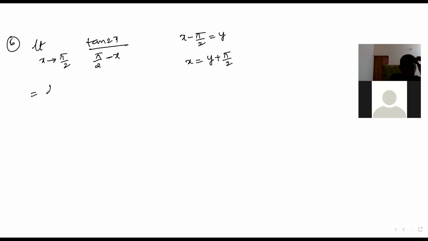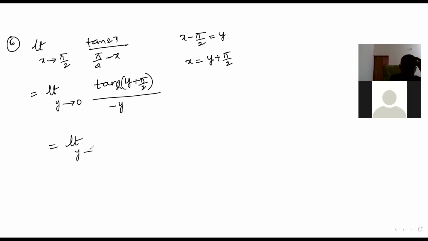So then this is going to be limit. As x tends to pi by 2, x minus pi by 2 tends to 0, that is y tends to 0. Tan of 2 into y plus pi by 2, and this is minus y, no? Yes, sir, minus y.